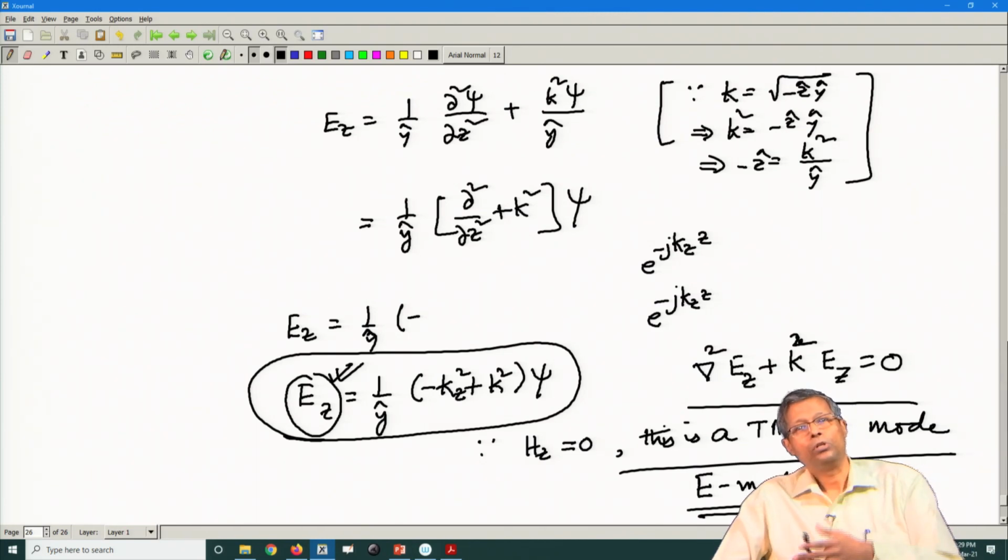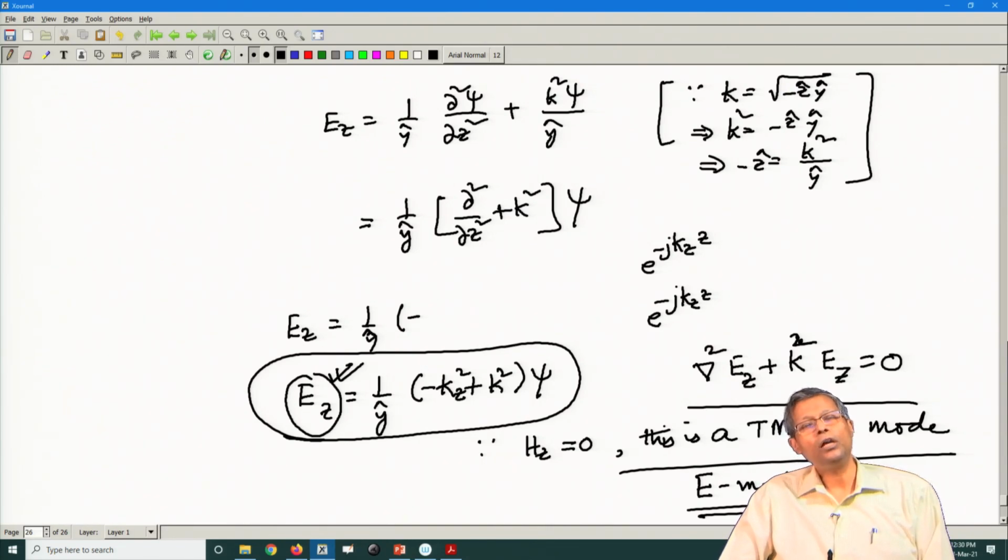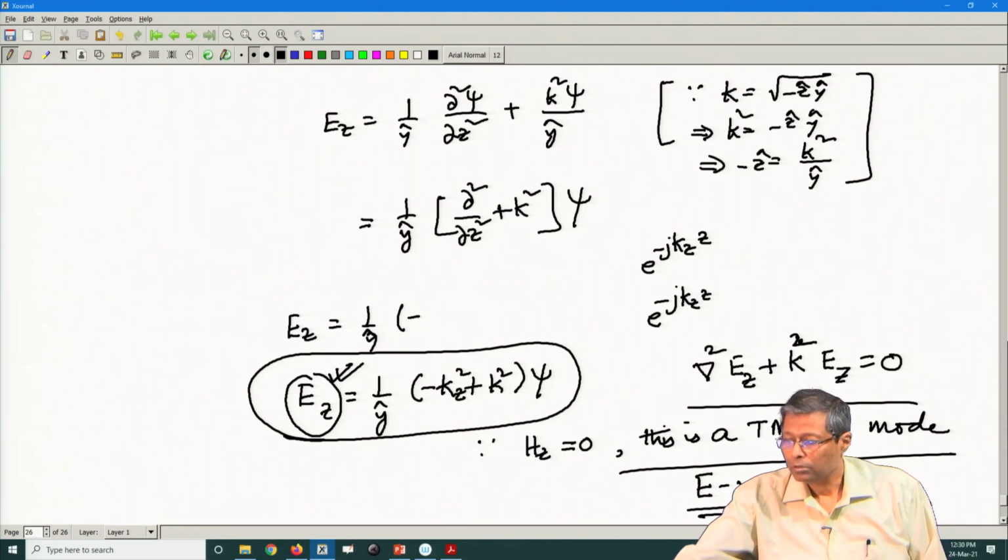So, to analyze a given guided structure, we apply the boundary conditions on the fields for these modes, and then deduce whether that kind of mode, whether it is the T m to Z or the T m to x or the T m to y, forms valid mode sets along with their T e counterparts. Okay. So, this is the significance of the Helmholtz equation. We stop our lecture here, we will continue from here.